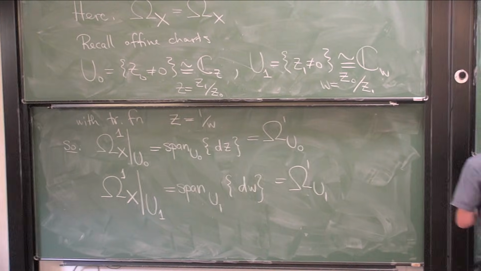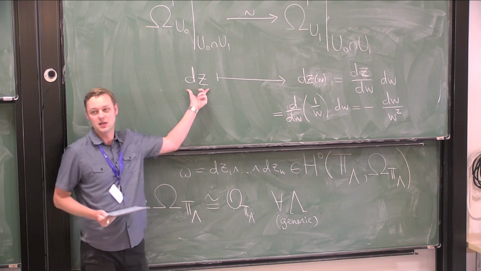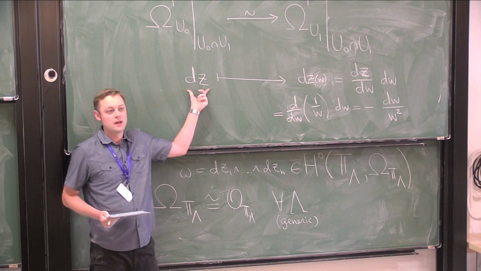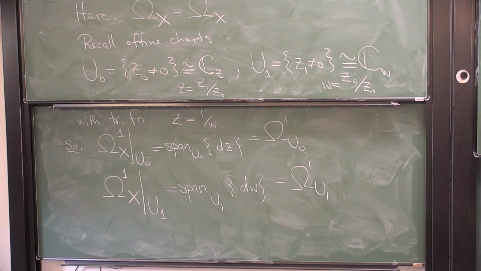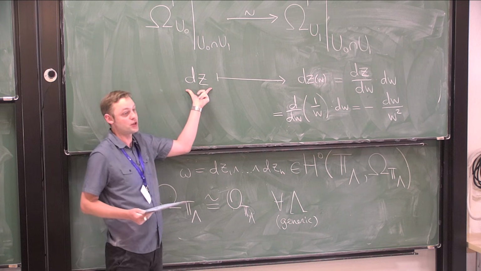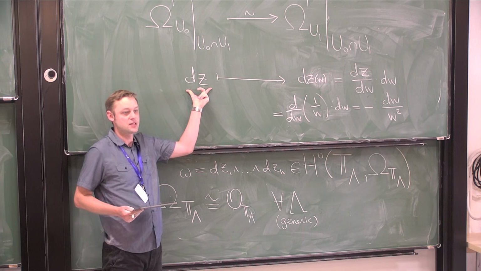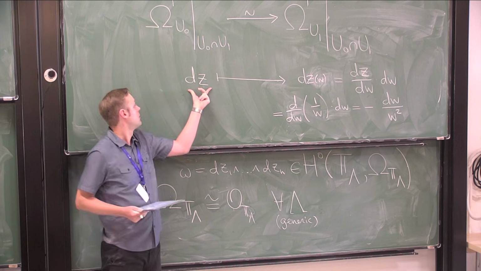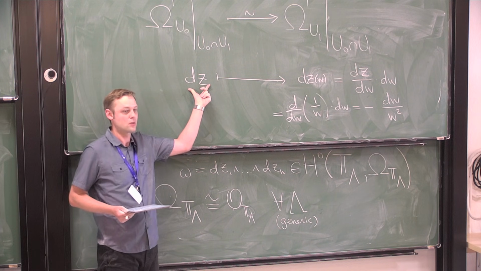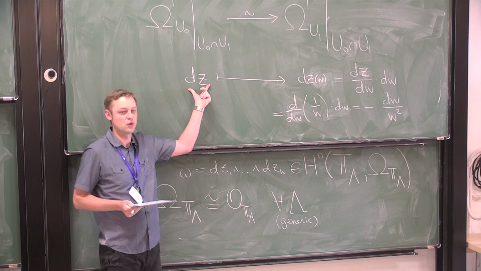And herein lies the problem. We started with this perfectly innocent dz, a candidate for a volume form. In this chart u0, this is a perfectly nice volume form on C to the n where n equals 1. It's nowhere vanishing and has all the right properties that would qualify it as a volume form.